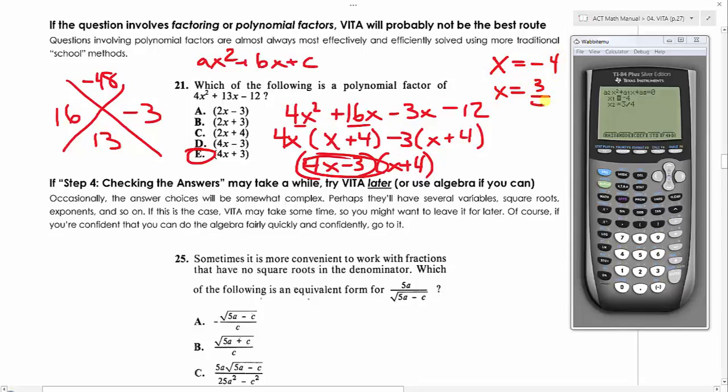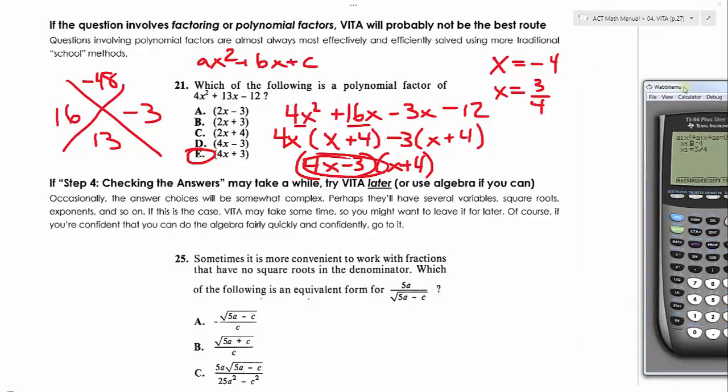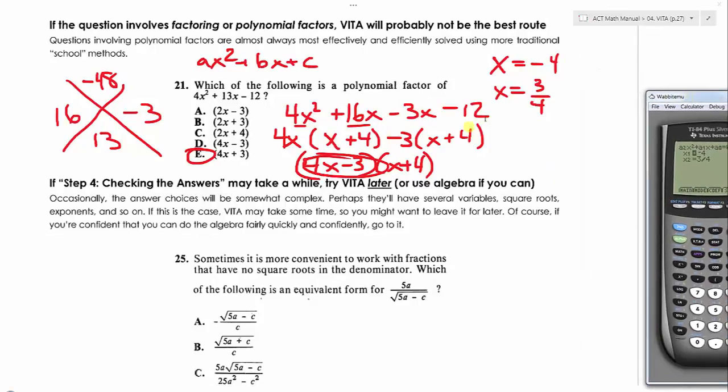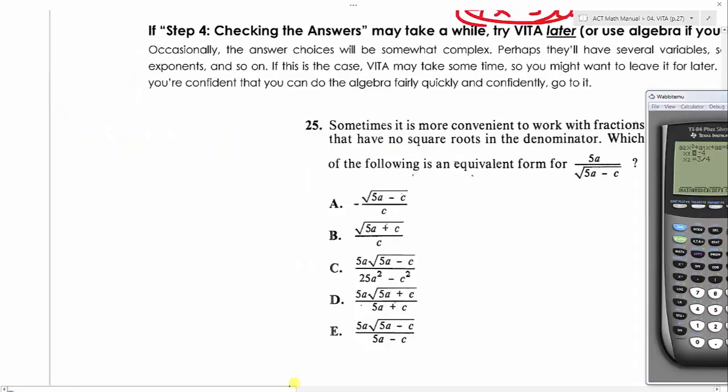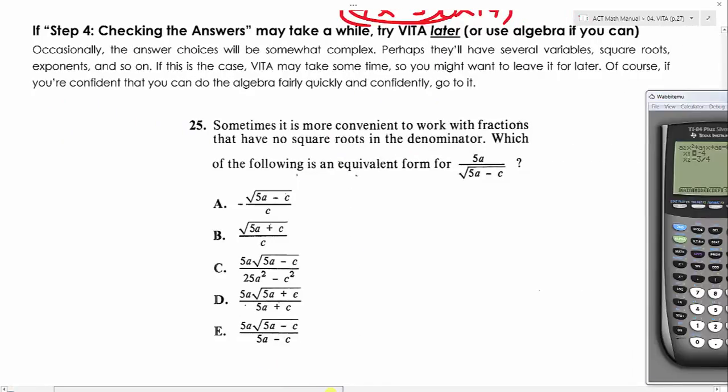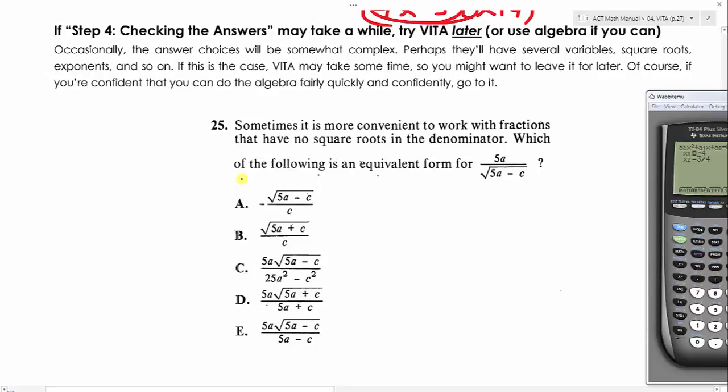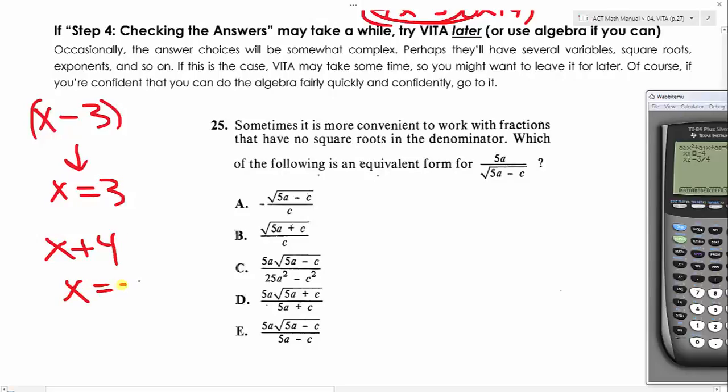Now what do I do from there? How do I get from these roots to one of these answers? I will tell you how, and again, this is another skill that you should have for the ACT. Most students are perfectly capable of getting from a factor of, let's say, x minus 3 to a zero of 3, or a factor of x plus 4 to a zero of x equals negative 4.